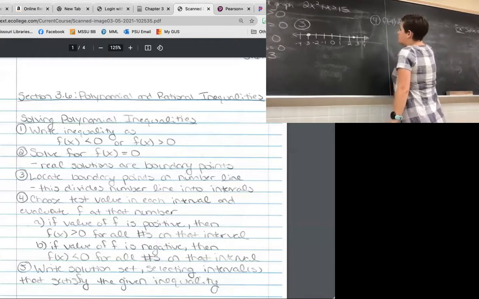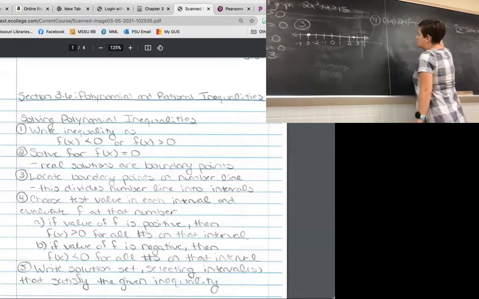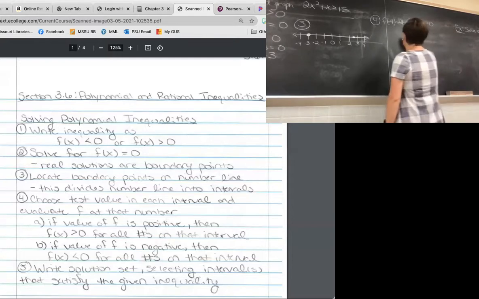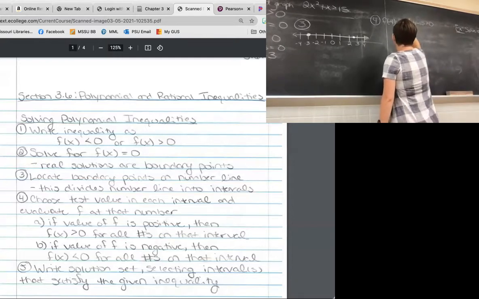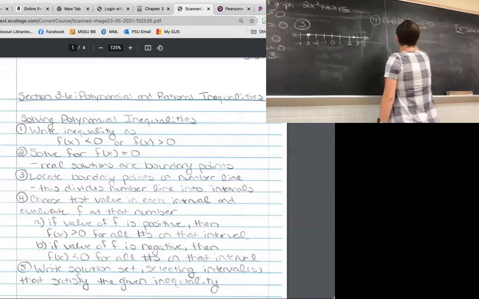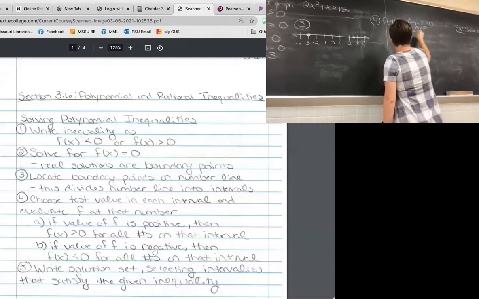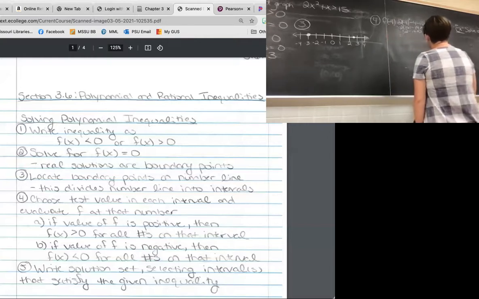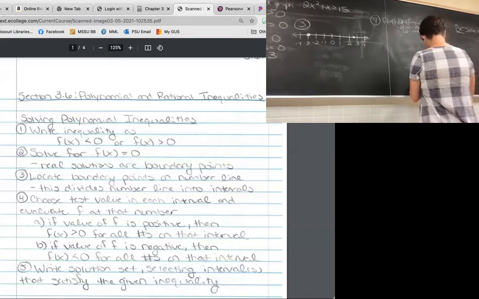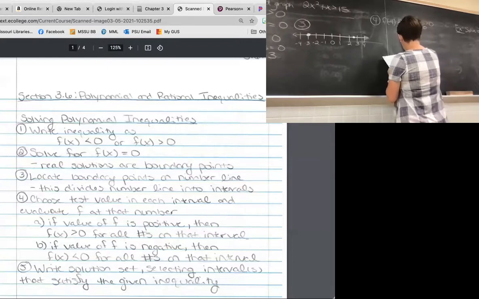2 times -4 squared plus -4 minus 15 is greater than 0. 2 times 16 minus 19 is greater than 0. 32 minus 19 is greater than 0. And we have 13.